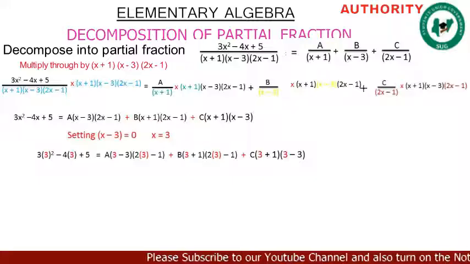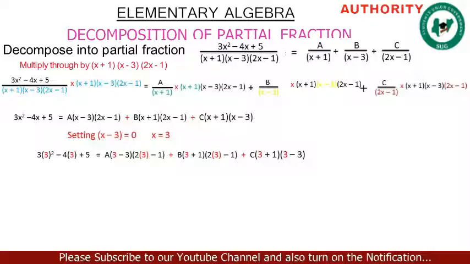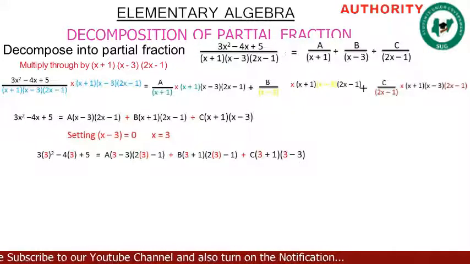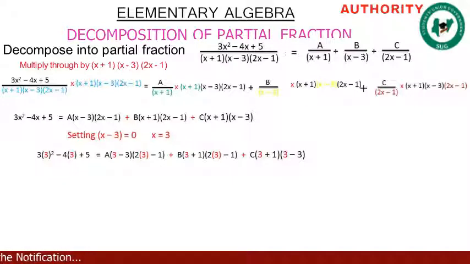So we're going to have 3(3² − 4(3) + 5) = A(3 − 3)(2(3) − 1) + B(3 + 1)(2(3) − 1) + C(3 + 1)(3 − 3).